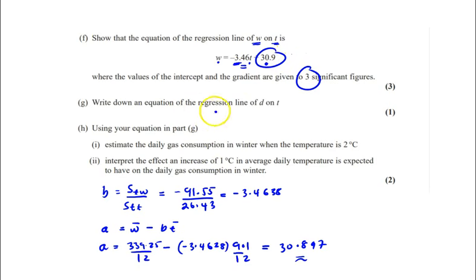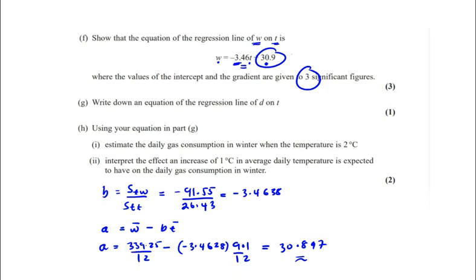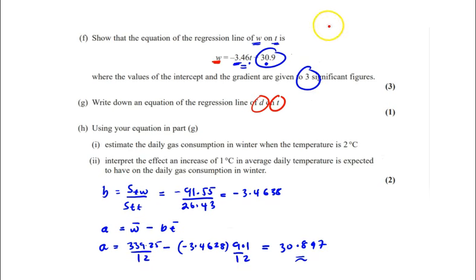Now, the next question, they are now asking you to change your regression line. They want you to have the regression line of D on T. D on T means that all we are doing here is replacing W with D. But we know from our coding here, W was equal to 11.5 D. So we just replace W with D. So you're going to replace the W in our equation with 11.5 D. This is part G that you're answering.